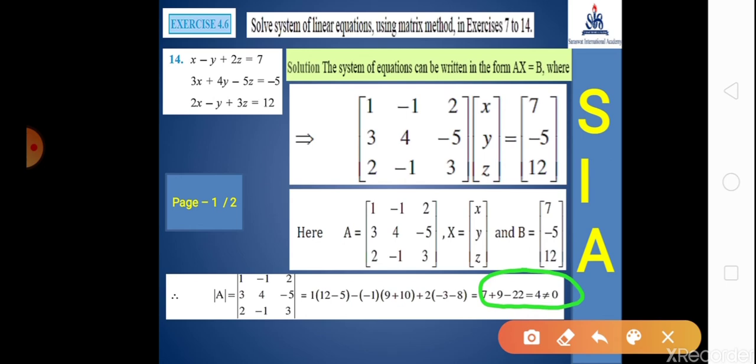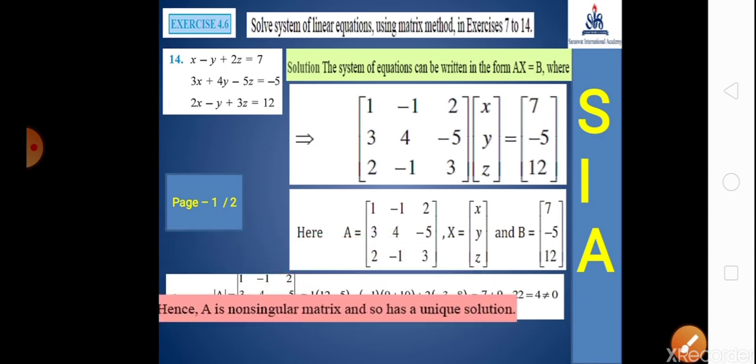So it is non-zero, and so the solution exists.